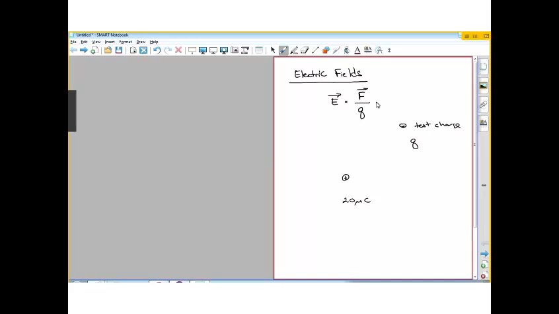So for F, we can put in K sub E, the Coulomb's constant, times the magnitude of, let's call this Q1 and this Q test.